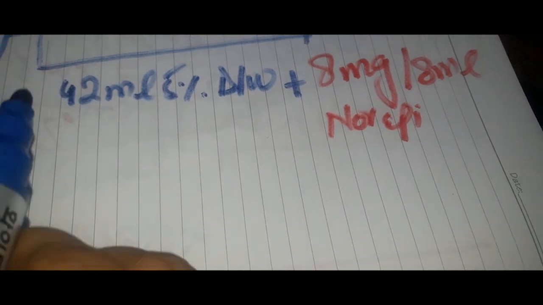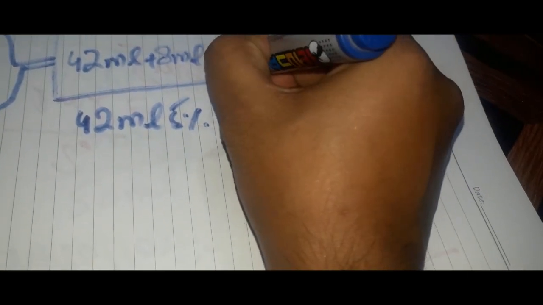So firstly you have to know how much the total ml is. 42 ml of dextrose and 8 ml of norepinephrine. So total ml is 50.